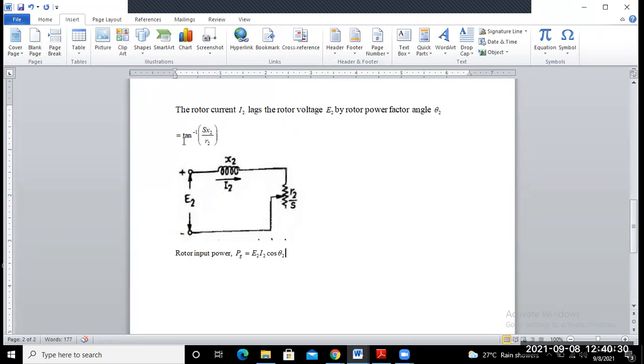That means cos theta 2 equals r2 by s divided by the square root of r2 by s whole square plus x2 square. So from this equation, you are able to find the cos theta 2 value.